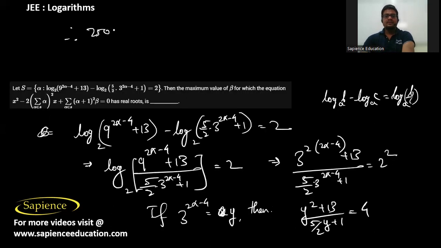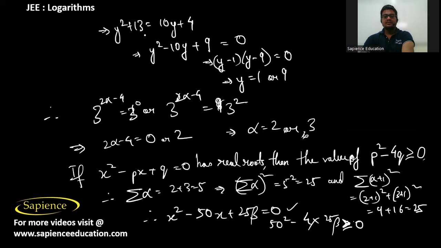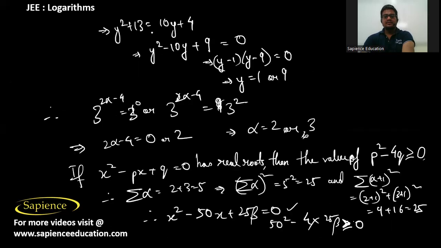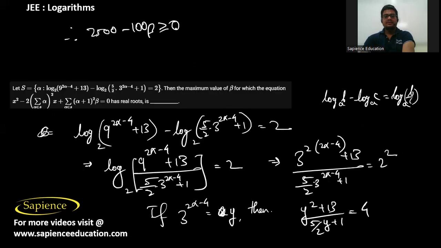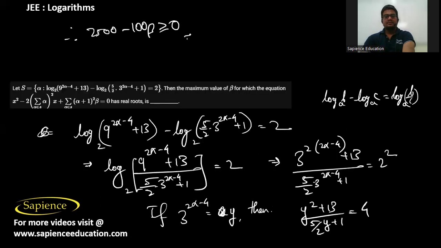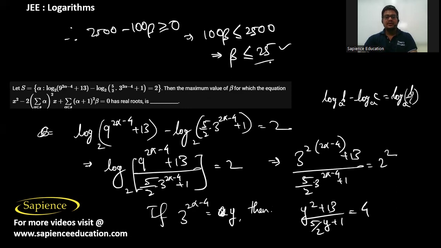Therefore 2500 minus 100 beta will be greater than or equal to 0. So it means that 100 beta should be less than or equal to 2500. So beta should be less than or equal to 25. So therefore the maximum value of beta for which the equation has real roots is 25. So 25 is the correct answer.